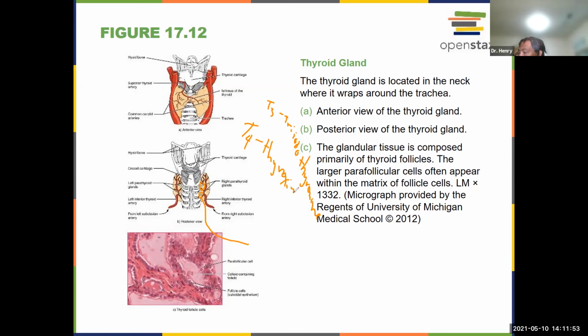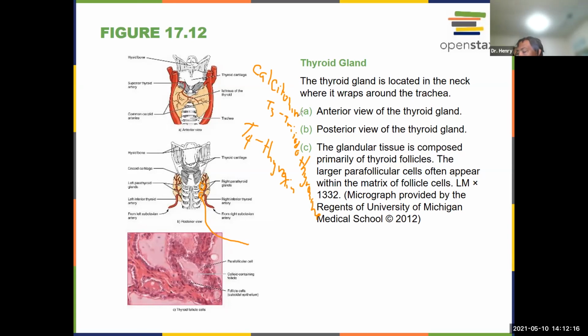And then we also have calcitonin that is being produced there as well.